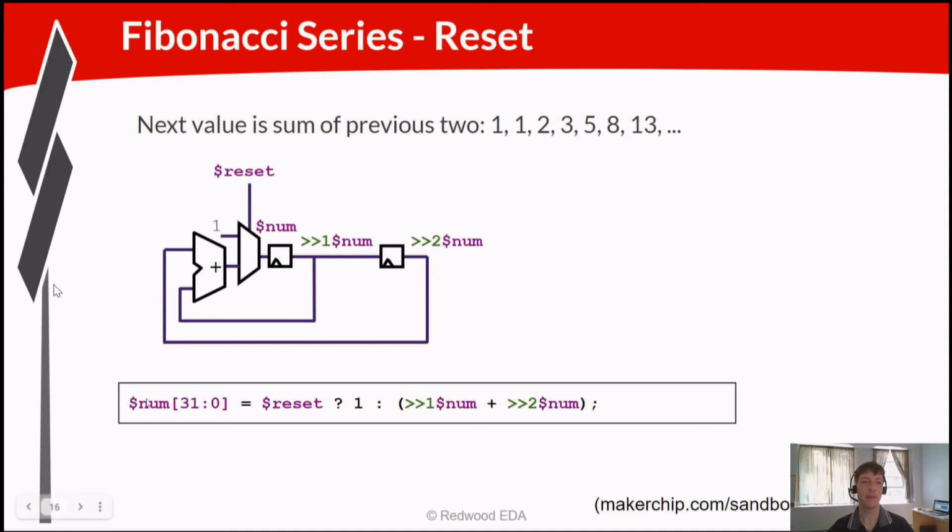We assign num, that acts as the declaration, and we immediately have access to previous, previous previous, as far back as we want to go by using this ahead by operator. Ahead by 1, ahead by 2. Okay, so this is the complete TL-Verilog expression of this circuit.